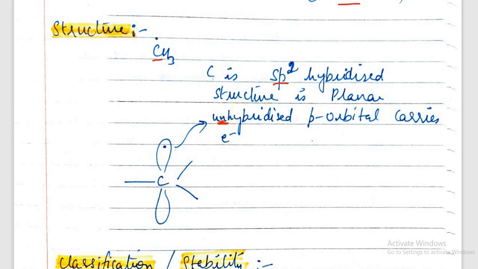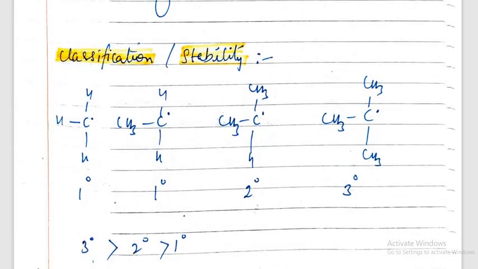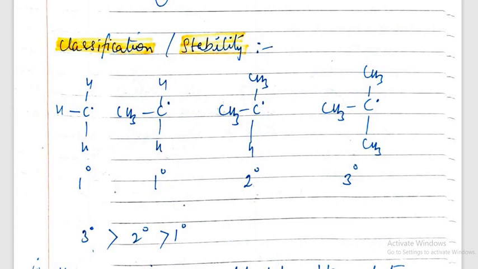And so next is the classification and its stability. The classification is very similar to the earlier ones, as we have done for carbocations and carbanions. If the carbon carrying the odd electron is attached to no other carbon atom, or to one other carbon atom, then it is a primary free radical.